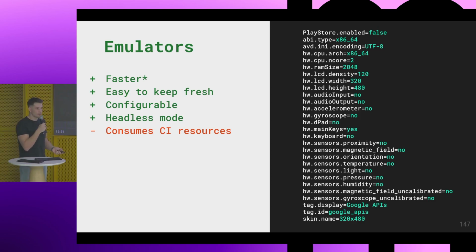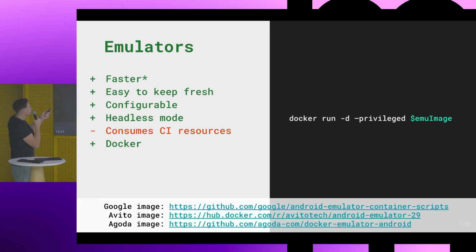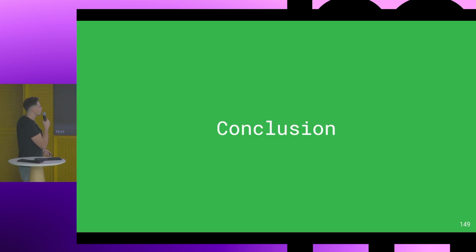It sounds weird, but it is possible to have UI tests without UI because your views will have only layout passes, on measure passes, but there will be no on draw, and you still can verify the UI. Also, the great thing about emulators is that you can use Docker for them, and it will simplify your life a lot. It's easy to start them, to kill them, to connect to some runners, and so on. So yeah, there are a lot of images you can use.